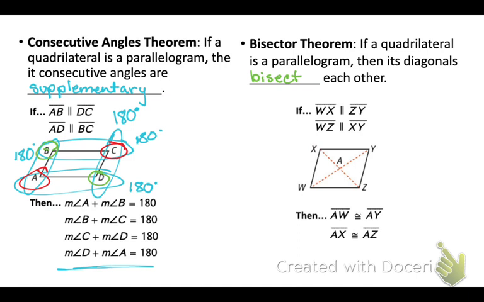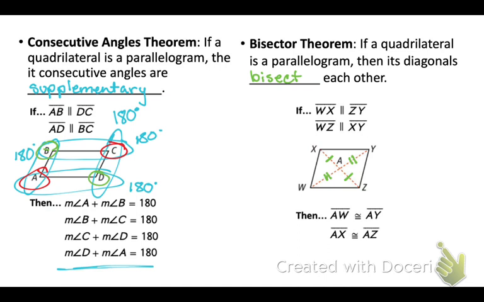It said they bisect each other. So that means that AX is congruent to AZ. And that means that AW is congruent to AY. It didn't say the diagonals were congruent, did it? Just that they are cut into equal parts.